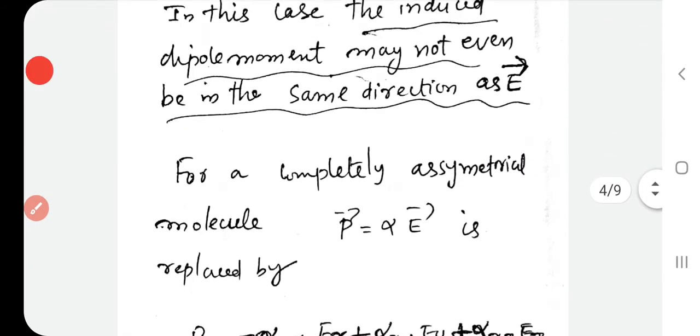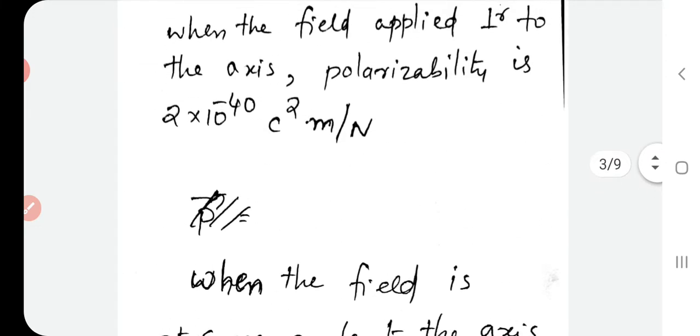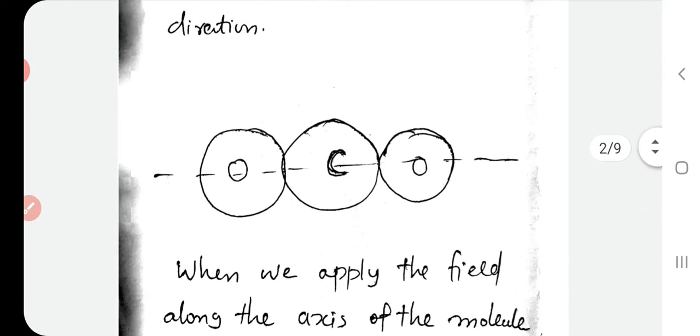So for a completely asymmetrical molecule, the molecule may not be symmetric like carbon dioxide.